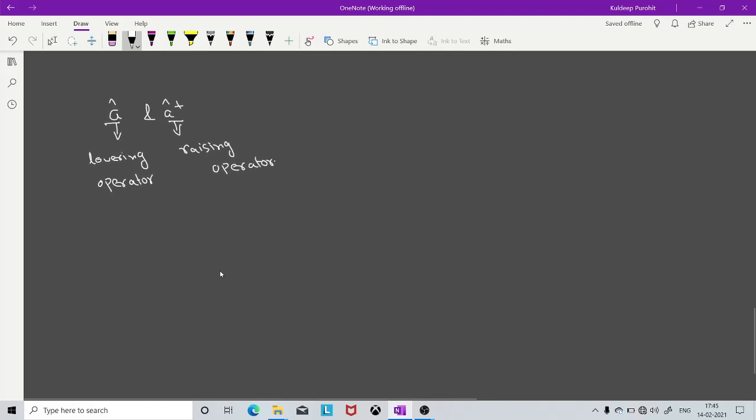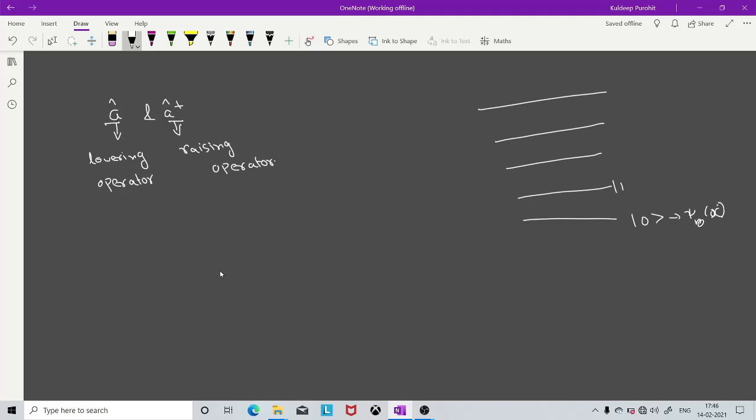What does it mean? Let me tell you. A simple harmonic oscillator has n possible states. The lowest one corresponds to the state n equal to 0, which is nothing but psi 0 of x.